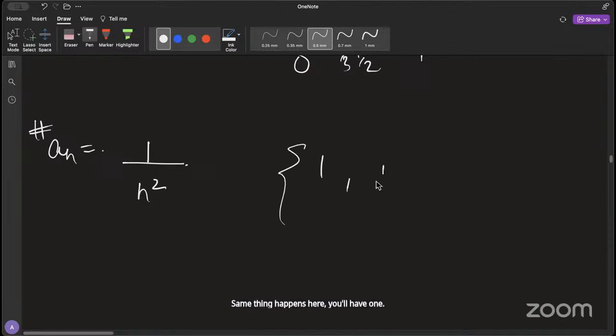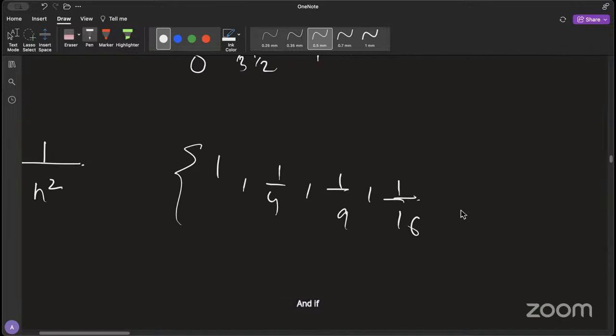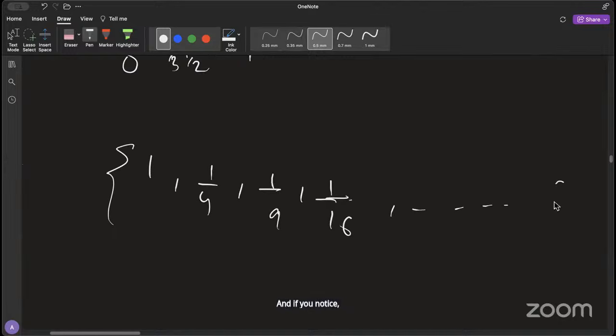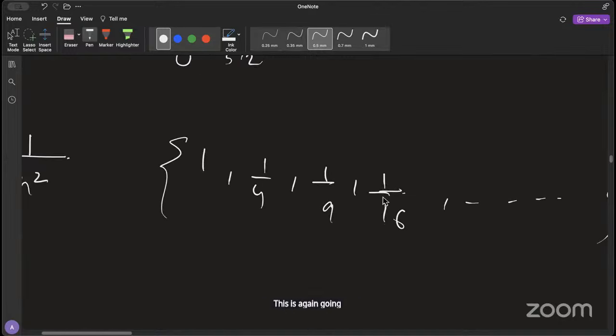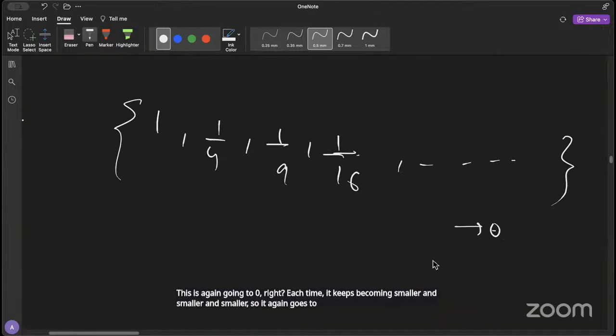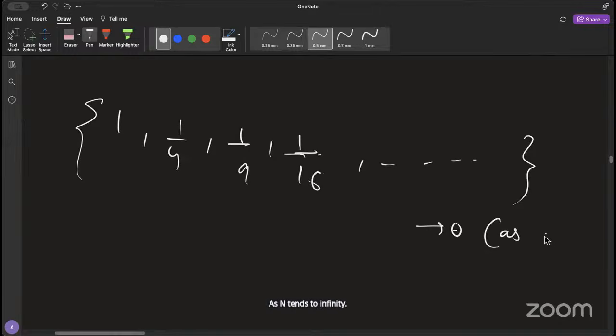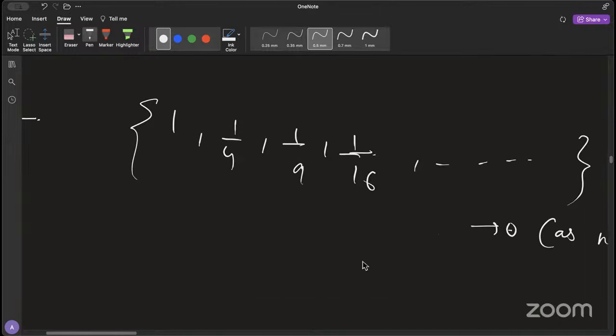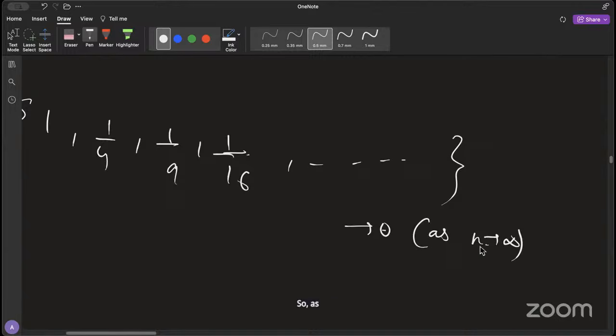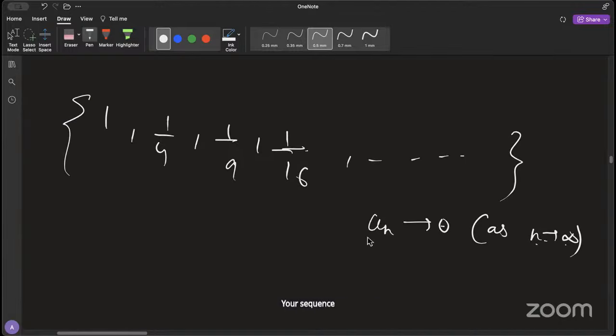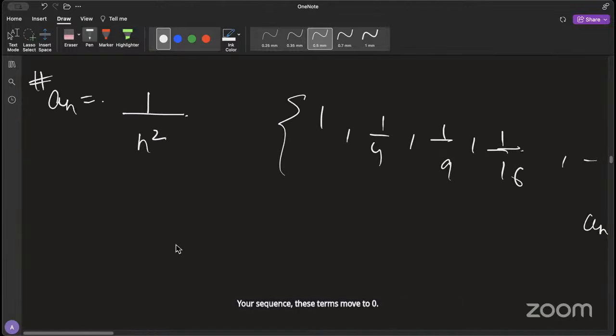You will have 1, then 1 by 4, then 1 by 9, then 1 by 16. And if you notice, this is again going to 0, right? Each time it keeps becoming smaller and smaller. So it again goes to 0 as n tends to infinity. So as n moves to infinity, means as n keeps increasing, the terms of your sequence move to 0. They become close to 0.